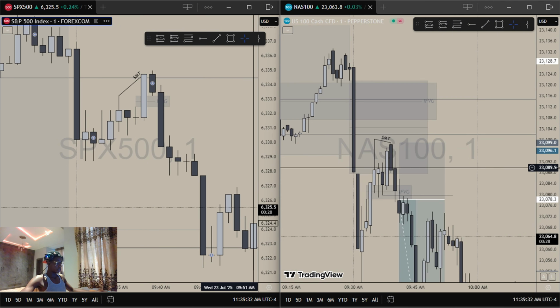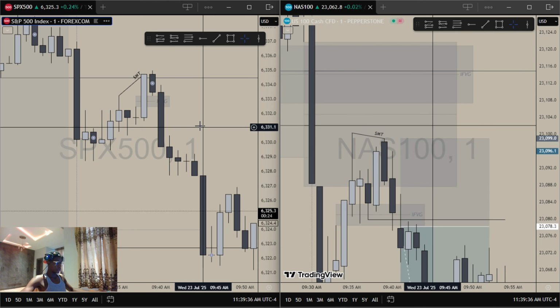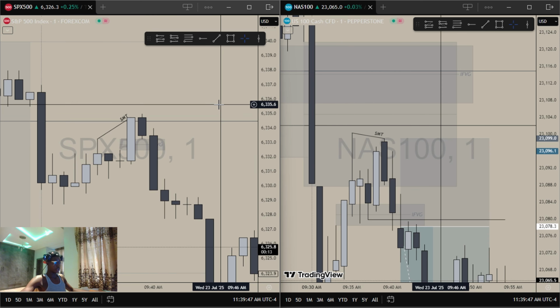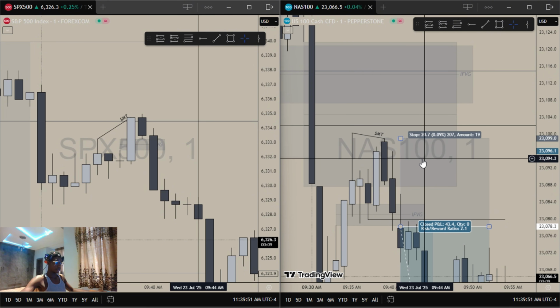Now, what do we see here? We see a 1 minute bearish SMT right there. As you can see, we didn't take out this high of this candle, but we took out this high of this candle on the S&P 500, creating a bearish SMT. Keep in mind, we are in a bearish fair value gap too. So this is giving us signals that we might likely go bearish, right?